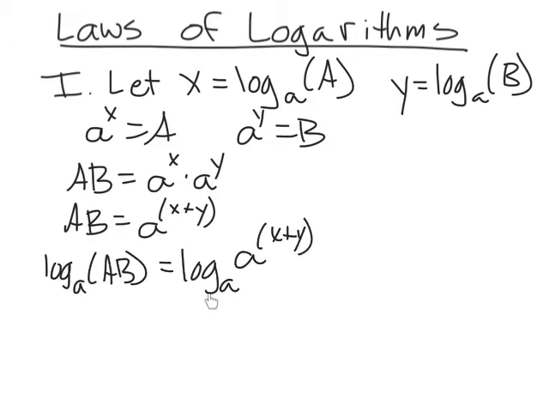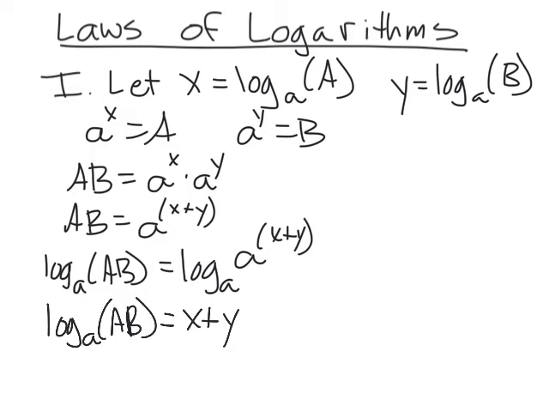This is a property from yesterday. Log to the base a of a to the exponent is going to be equal to the exponent itself. So we have log to the base a of A times B is equal to x plus y.